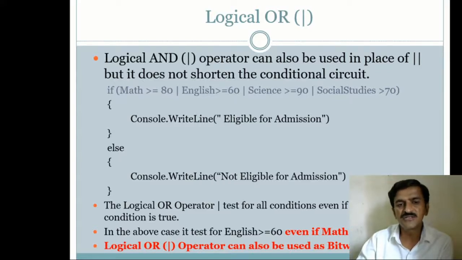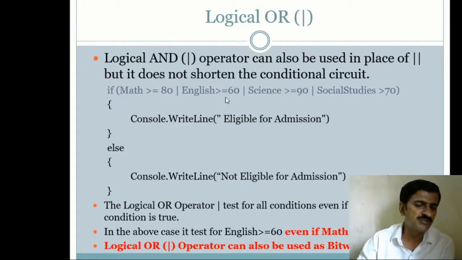If this condition is also true, it again tests the third condition, meaning it tests all the conditions. It is unwanted and unnecessary. We cannot shorten this circuit. The compiler or the machine will evaluate all the conditions whether they are true or false.